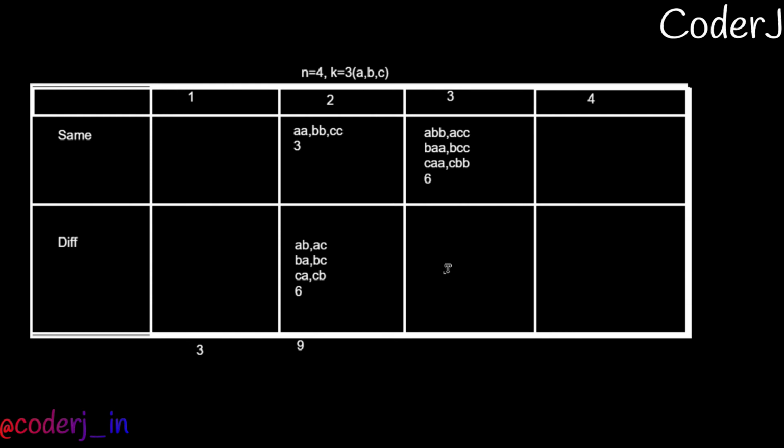Right. Now what about this part? It's a little bit tricky. We are supposed to find diff. Diff means that the last two poles should have different color. I say tricky, but actually it's not tricky. In the previous part, when you had two poles, you had nine correct combinations.